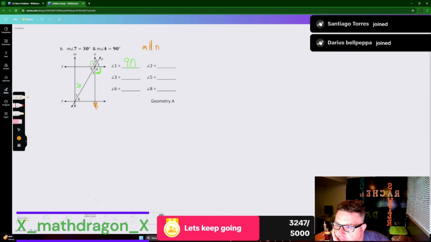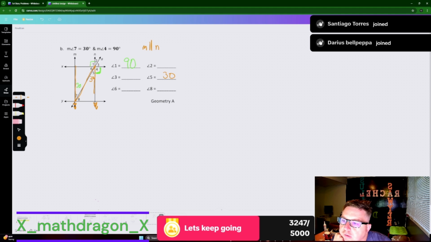Because if we know these are parallel, then I know angle 7 is equal to angle 5 by alternate interior angles. So this will be 30. I can't assume that yet.